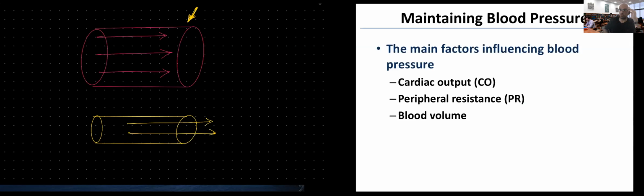Harder or easier for the blood to travel through a small diameter compared to a large diameter? It's going to be harder, right?